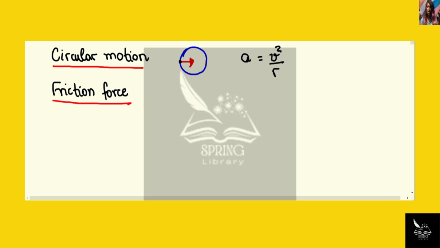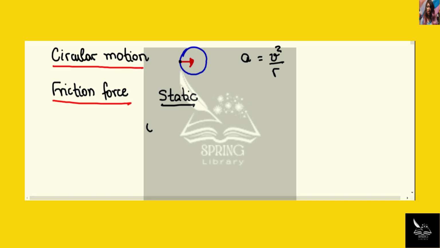Also, we have to review the concept of friction force, more specifically, the concept of static friction force. So basically, the static friction force happens when an object is at rest relative to a surface, and there is a certain friction between the surface and the object.